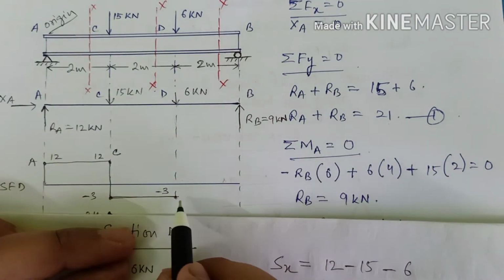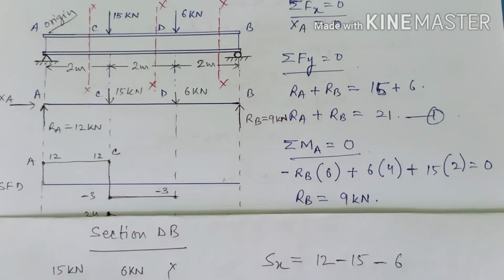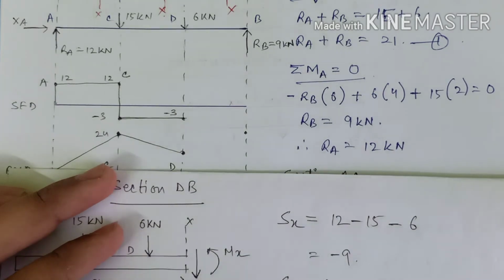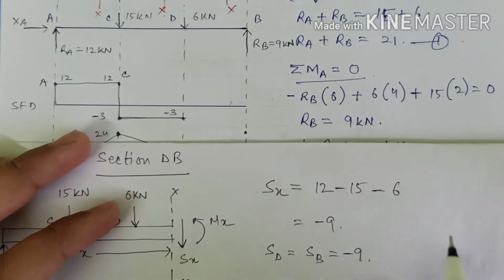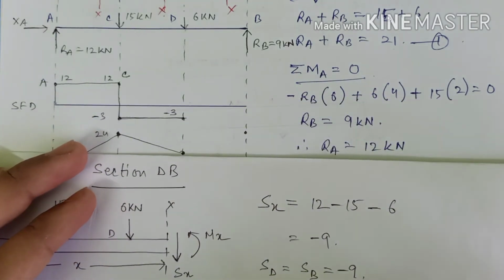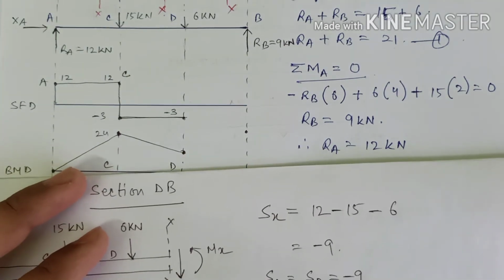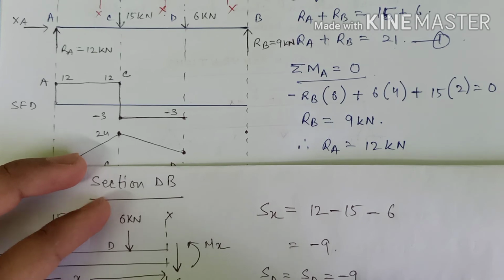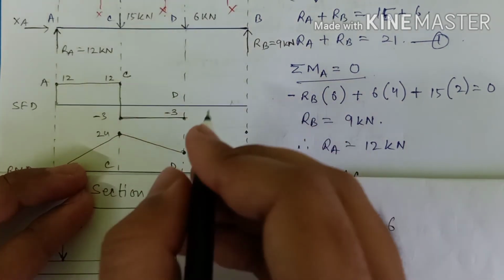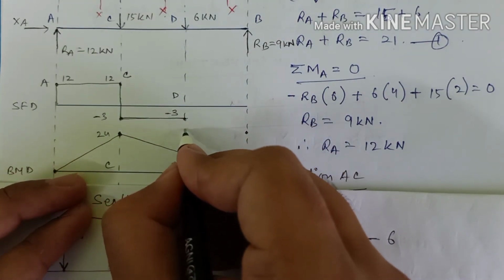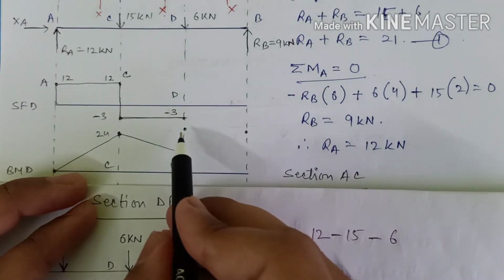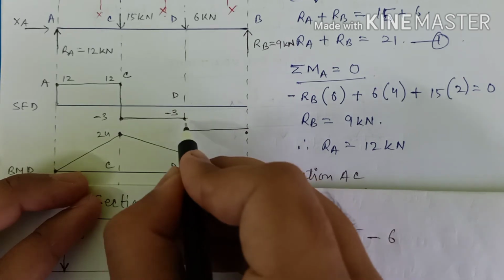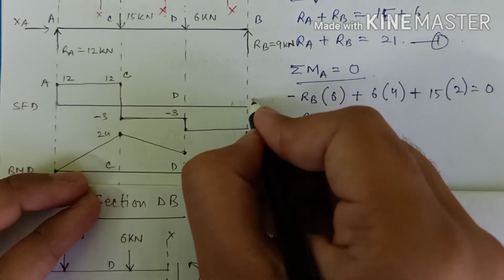So we can plot this minus 9 over here. So see guys, here is minus 3, right? So minus 9 will be somewhat below it. Sorry, this is minus 9. The shear force at D, see this is our point D, so shear force at D will be minus 9, which will be somewhat here. So this will not vary with respect to x, that is it will be constant throughout the section DB.